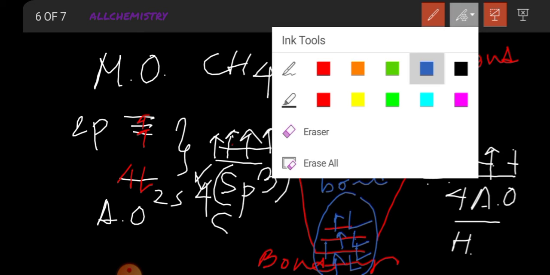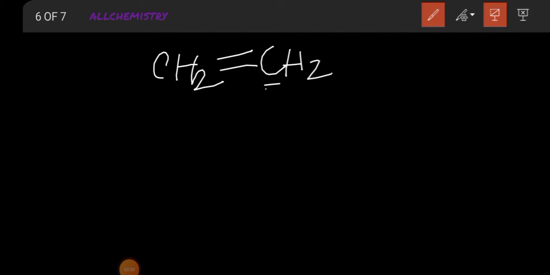Now look at CH2 double bond CH2, ethene. Carbon is bonded with 2 hydrogens and 1 carbon. What is the hybridization of carbon? sp2. We saw that in our previous video. That means 3 sp2 of carbon.